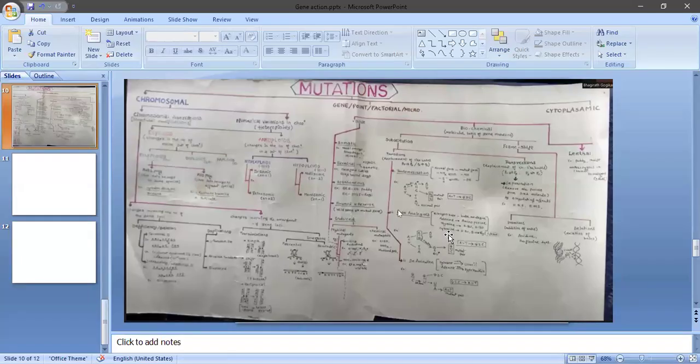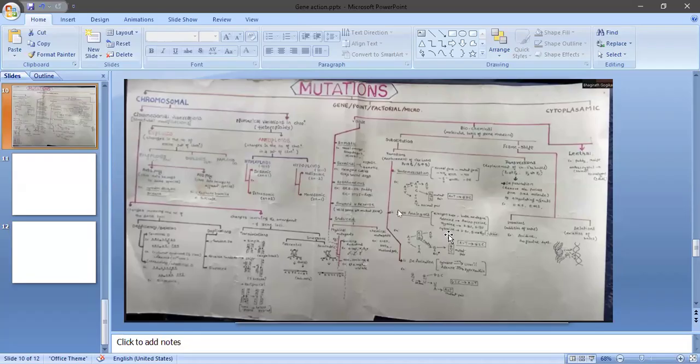Base analogs are nothing but chemical compounds with a molecular structure similar to the nitrogen bases present in the DNA. These are called base analogs. What base analogs can we observe? For example, the artificial base analogs are 5-bromouracil, 5-iodouracil, and 5-methylcytosine. These show similar structure to thymine, and 5-methylcytosine is related to cytosine.